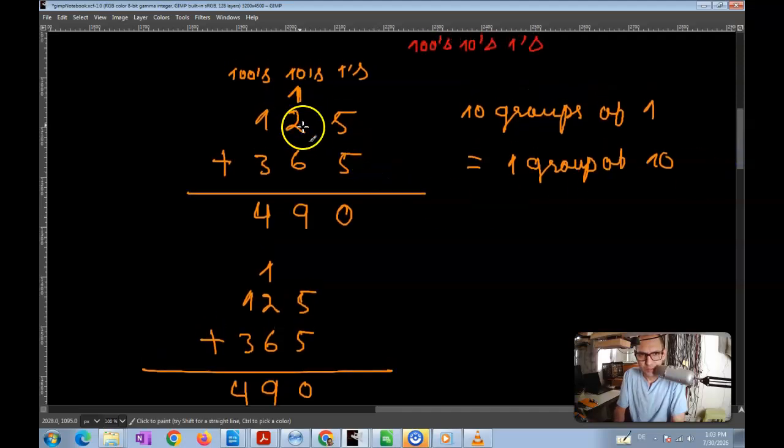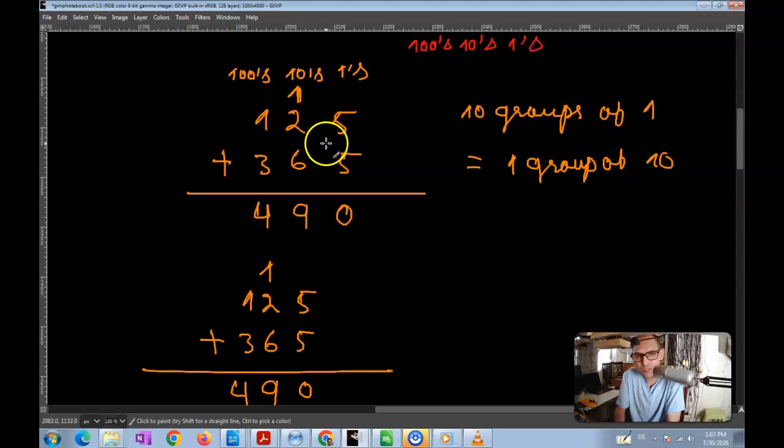Of course, the logic behind, for example, the carryover, you have to understand it. Meaning that over here we said that, for example, 5 groups of 1 plus 5 groups of 1 would be 10 groups of 1. But since I cannot write a 10 over here, then instead of 10 groups of 1, I convert it to 1 group of 10, and I put the 1 over here as a carryover.